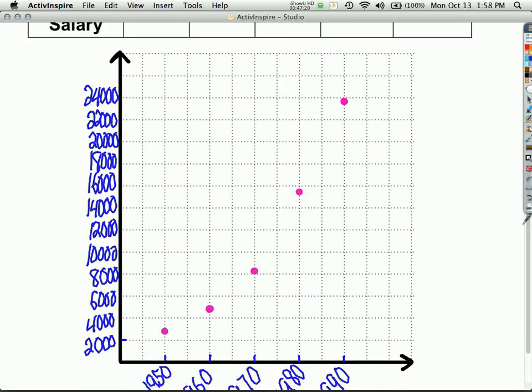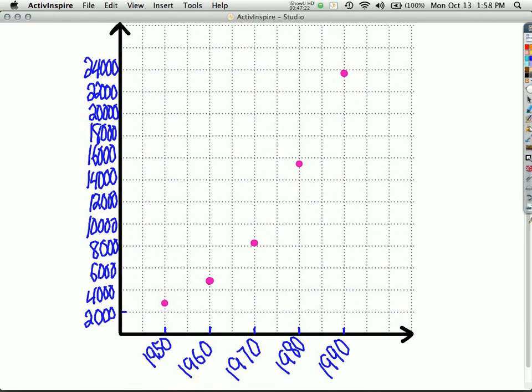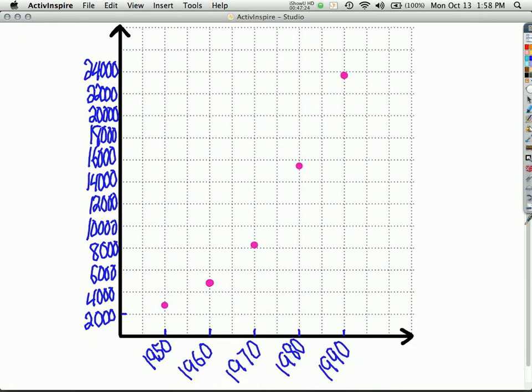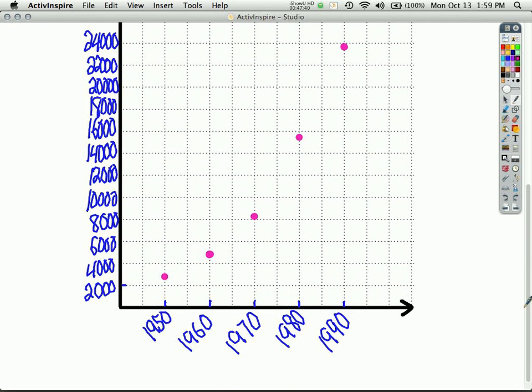Any comments or questions on how we went from the table to the graph? Comments or questions? Concerns? And then you need to label your axes.